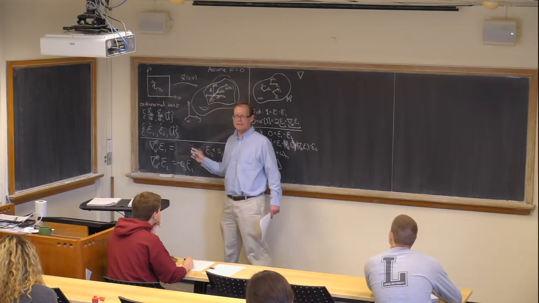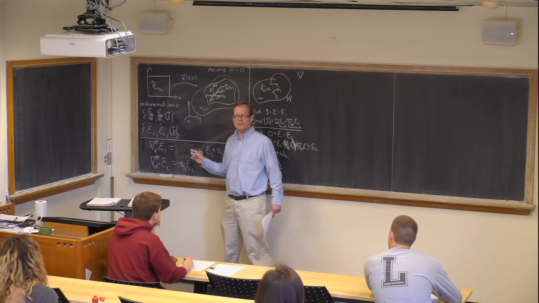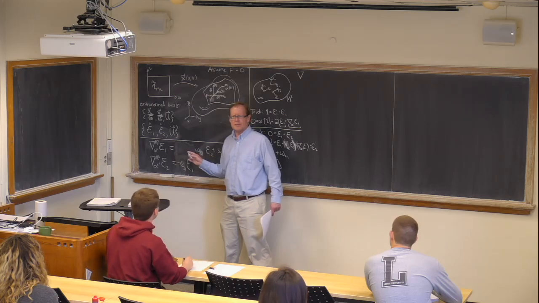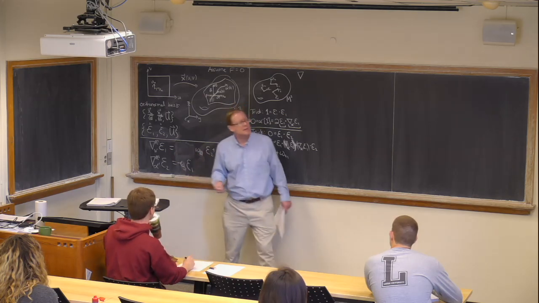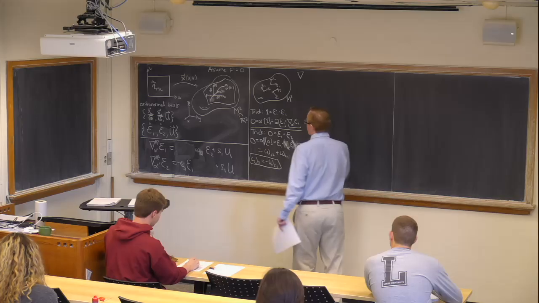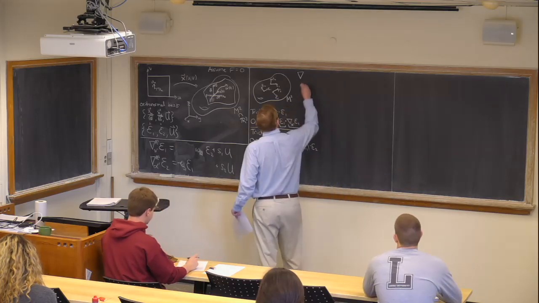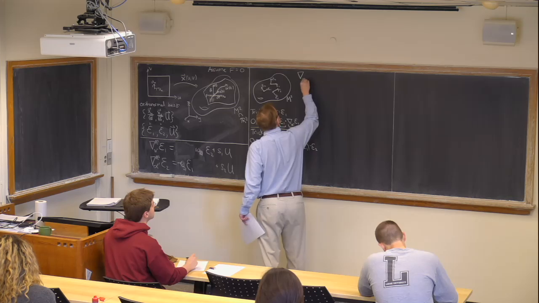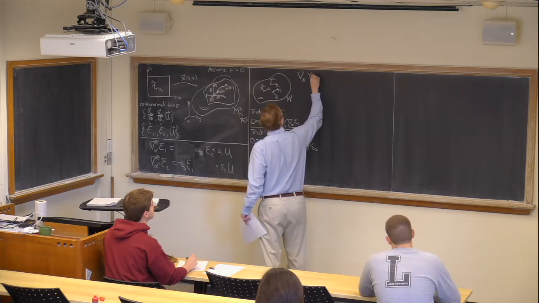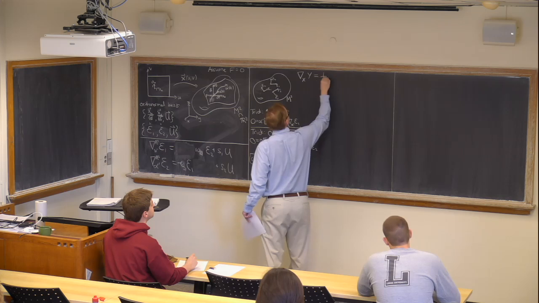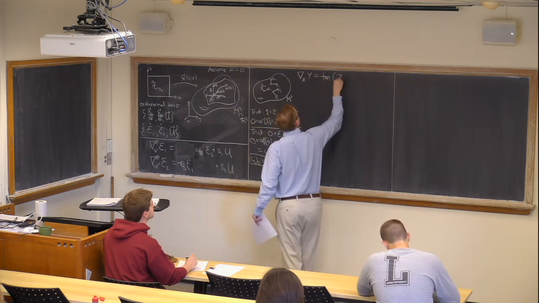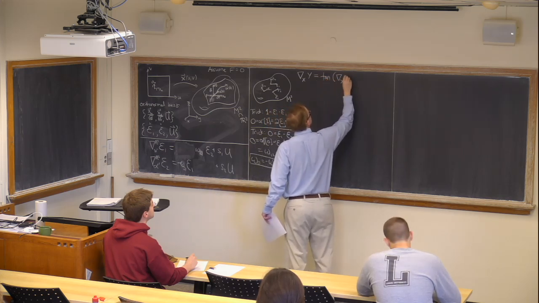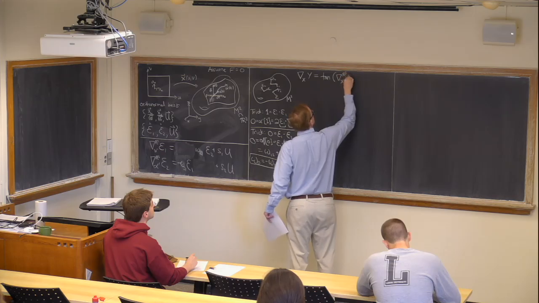I think we defined that a couple of weeks ago before spring break, didn't we? Or did we? Maybe it's been a while. I don't remember. Well, let me just define it again just to make sure. Maybe we didn't. The covariant derivative of one vector field in the direction of another vector field is going to be defined to be just the tangential part of the one in R3.